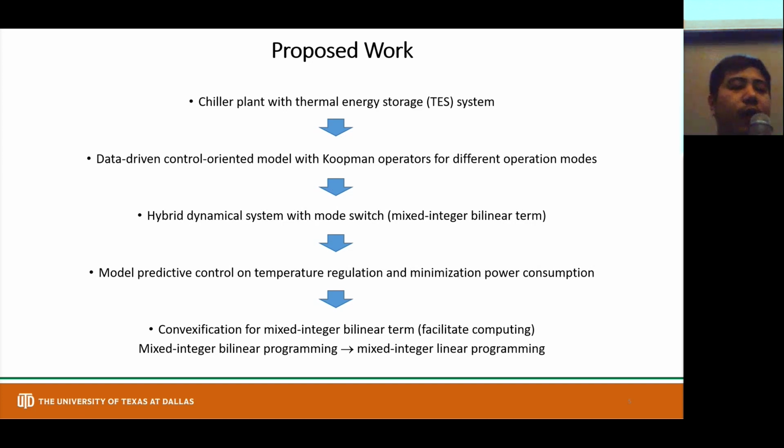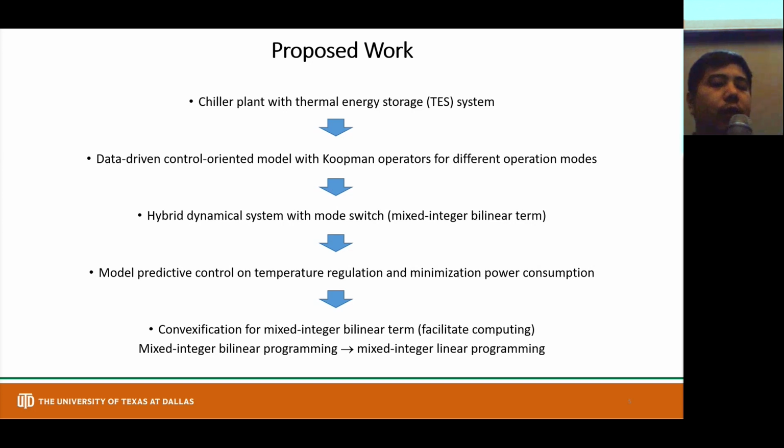Then we design a hybrid dynamical system with mode switching, which lets the problem become a mixed integer binary programming optimization problem. And then we design the MPC based on two targets, temperature regulation and power minimization.